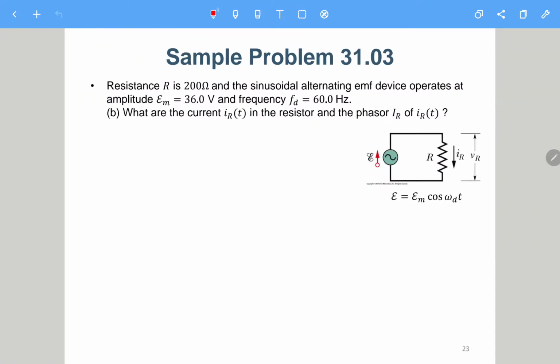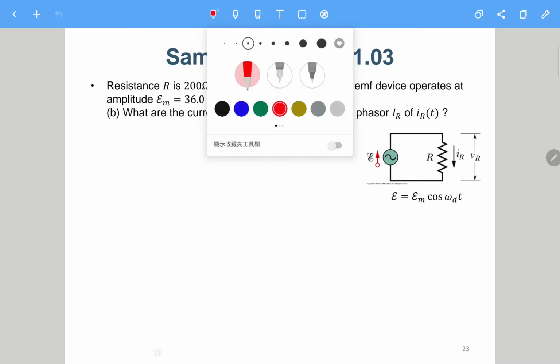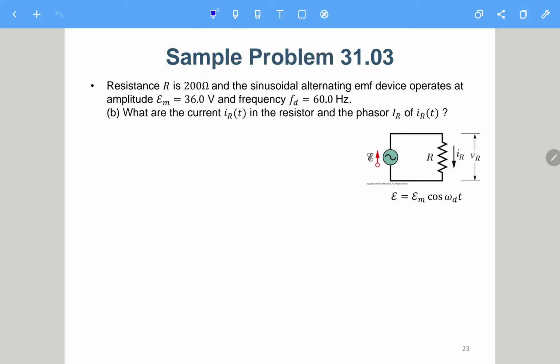Okay, so for B, what are the current i_R in the resistor and the phasor I_R? Here we have i_R(t) equals v_R(t) over R, which is nothing but Ohm's law. So we have 36.0 cosine 120 pi t over R, which is 200.